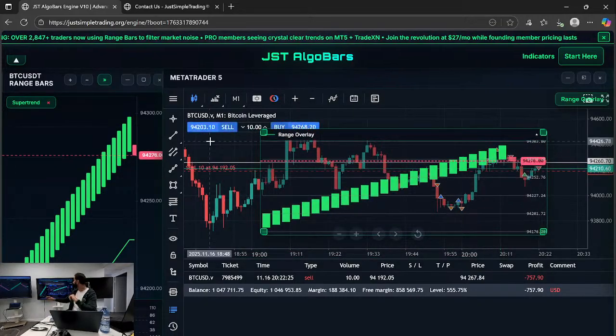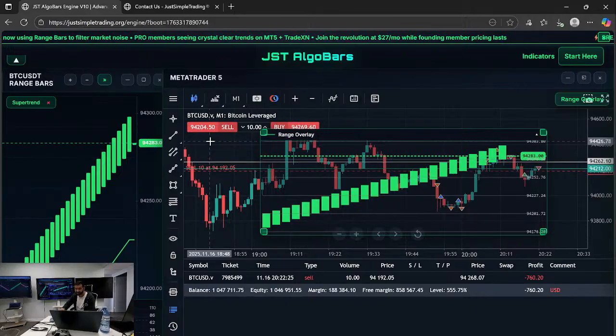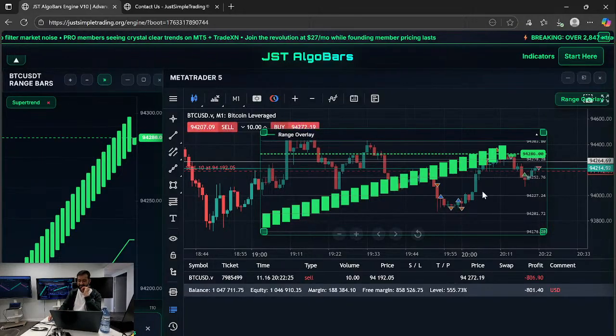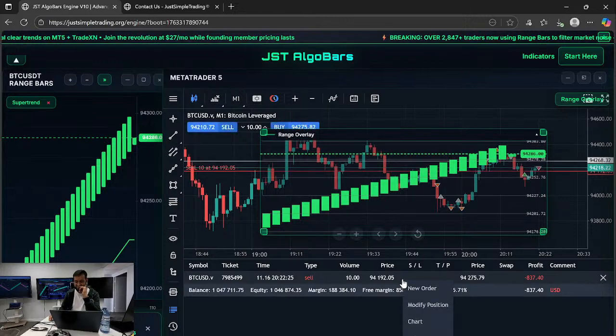You guys see the range bars are going red. Okay, range bars are going red. So I just entered a sell trade. Now I'm going to go ahead and set my stop loss and my take profit.